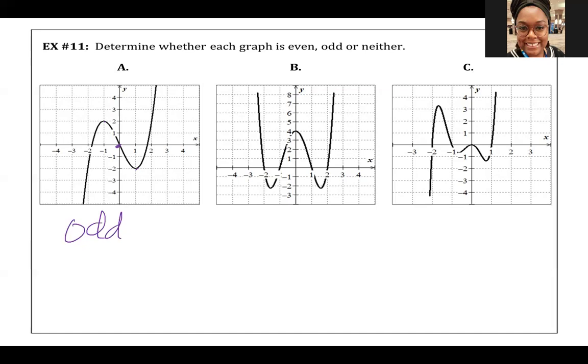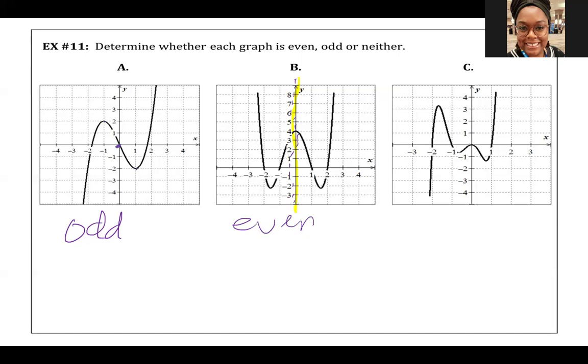Is B odd or even? It is even. Okay. We know that it's even because it has symmetry with the y-axis. Okay, it is literally symmetrical with the y-axis. That is your visual representation. Okay, on C here, are either one of these satisfied?